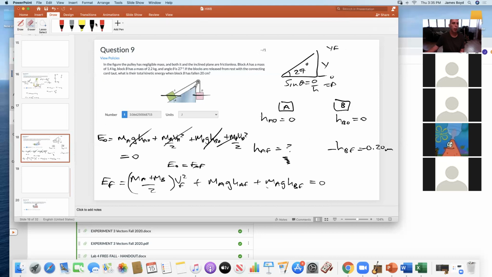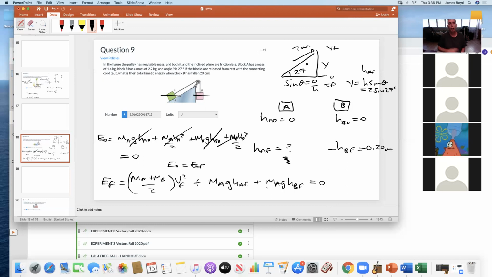That's not true. It goes up 2 meters, because the rope gets pulled down 2 meters, it slides up 2 meters. So my hypotenuse is 2. So I need to find Y, which is the hypotenuse times sine theta, which is 2 sine of 27 degrees. Once I know that, this is my HA final. That's how high it rose. And once I have that, I'm cool.